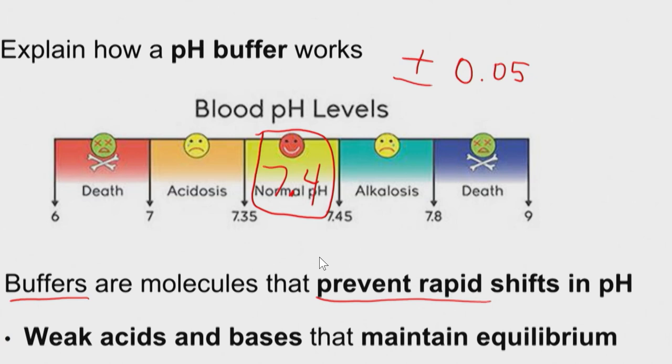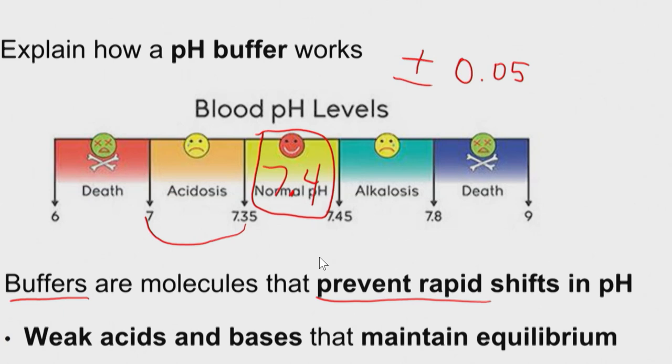So when you go above 7.4, you're becoming too basic. And if you go below 7.35, you're becoming too acidic. So if you enter, say, acidosis, that's going to be this whole range from 7.35 down to 7.0, and that's the range where your body's going to be fighting to increase pH.